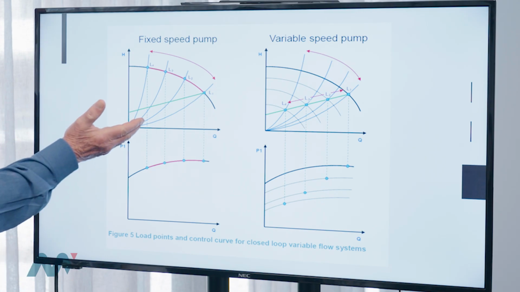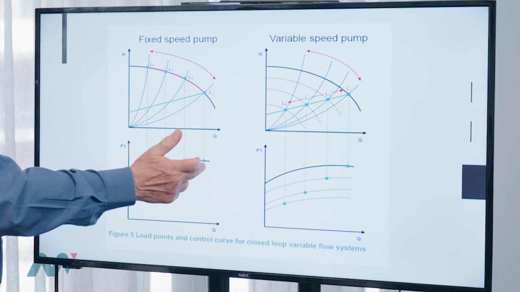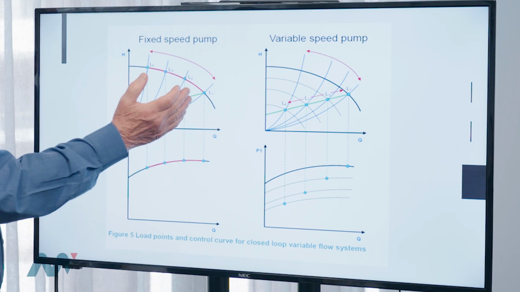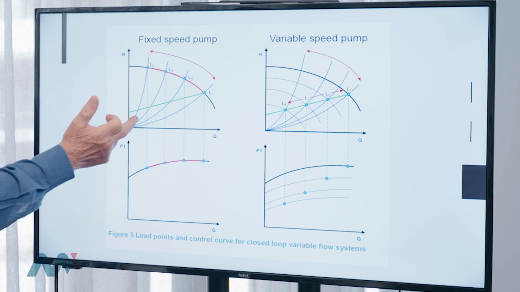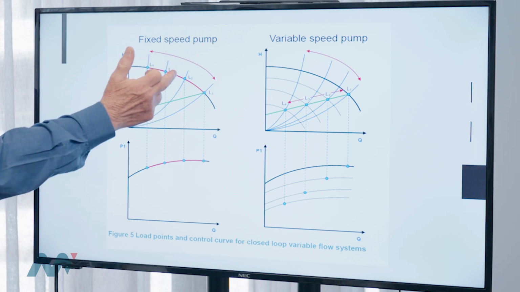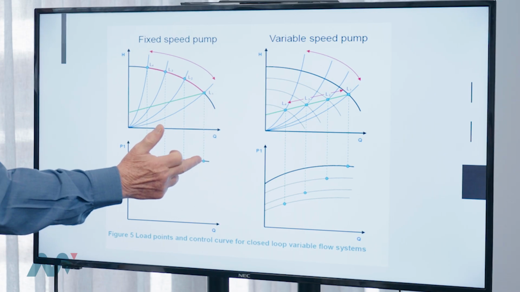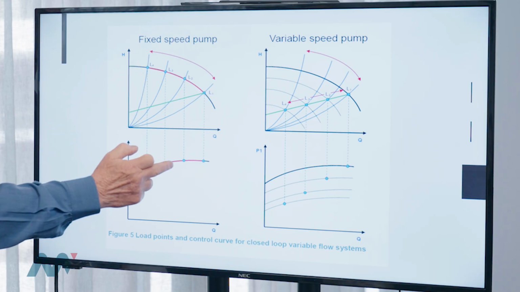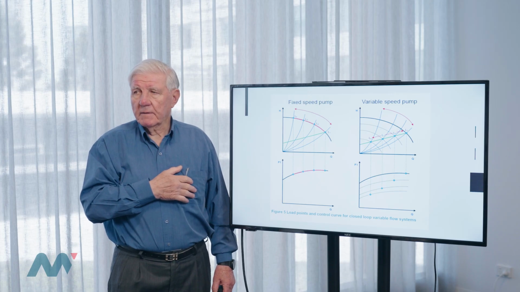So what we're doing is this: that's the open valve curve, and that's the duty point with the discharge valve fully open. As we want to reduce the flow, we close the valve and we induce a different system resistance curve, and that gives us a different power demand, but not significantly lower than the original full load power demand. As we throttle further, we can see that our power doesn't diminish very significantly.